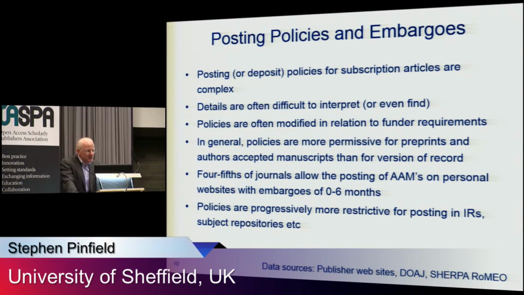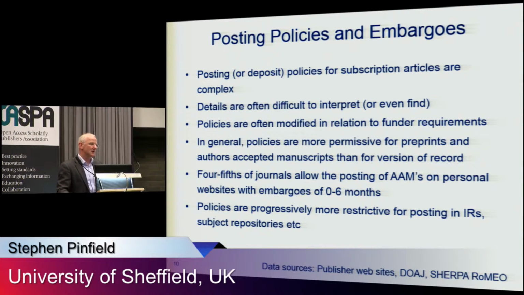As far as depositing or posting of articles on websites and repositories were concerned, we found also that the rules for this were incredibly complex. And even when you've got the details of them, they're very difficult to interpret. They're sometimes difficult to even find on publisher websites. So there's a lot of manual checking going on here to get at this.